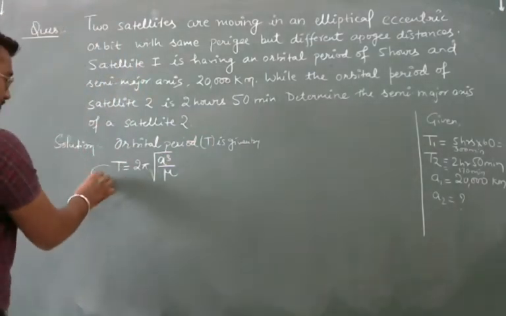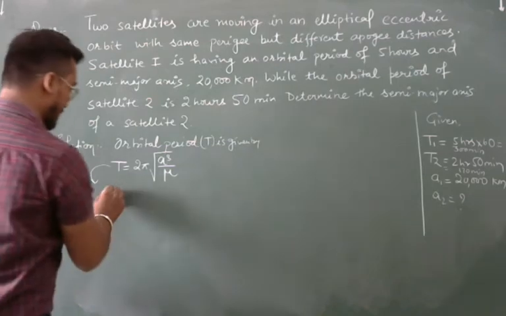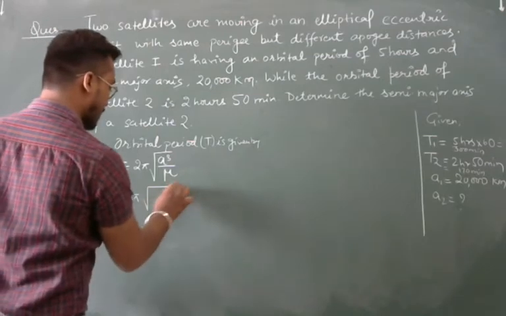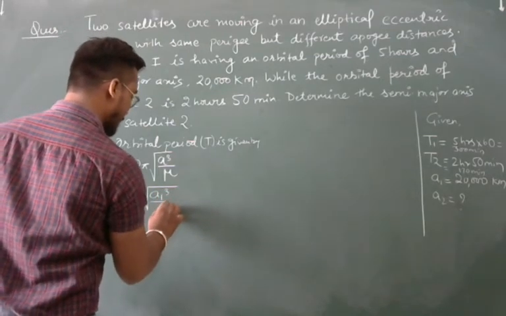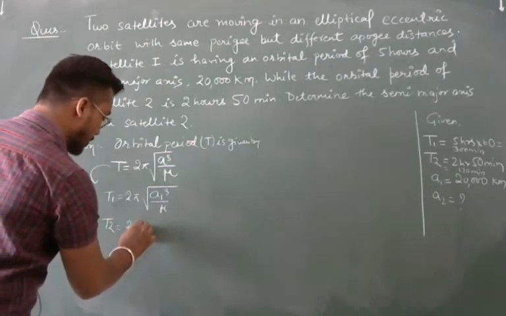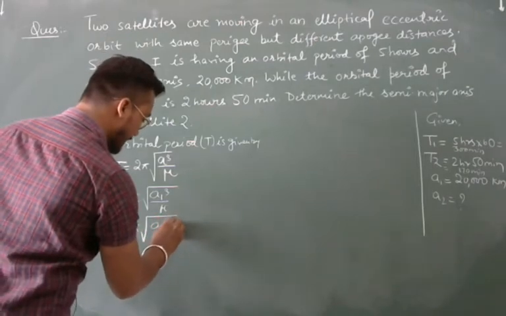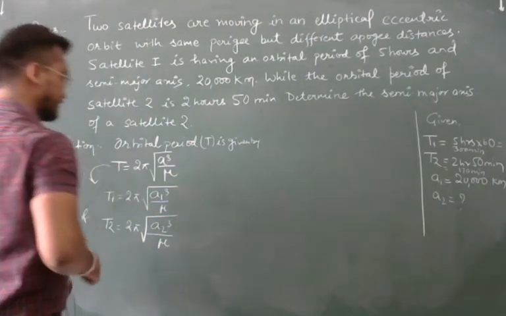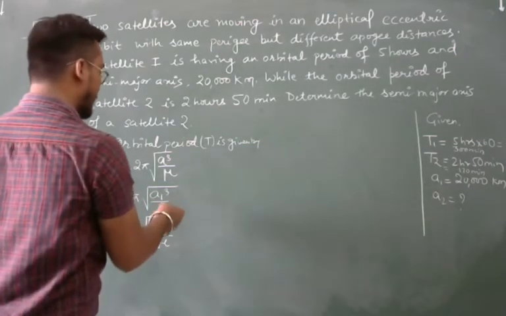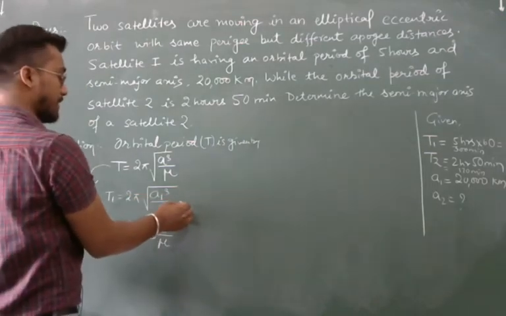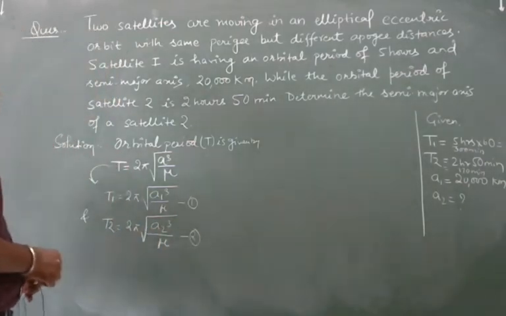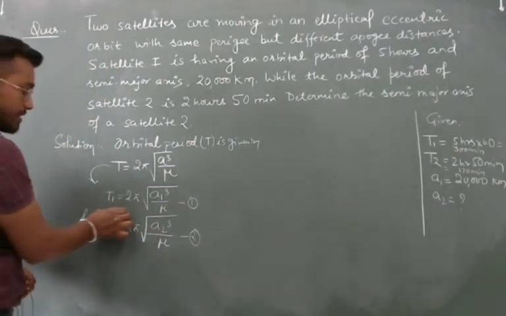So let me go for this relationship. Simply I can write T1 is equal to 2 pi square root of A1 cube upon mu, and similarly T2 is equal to 2 pi square root of A2 cube upon mu. Consider these as equation 1 and equation 2, and divide both equations.